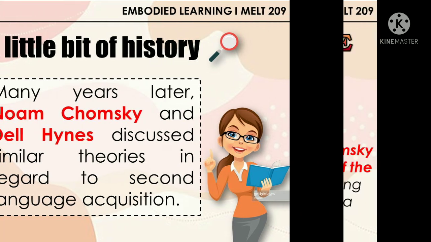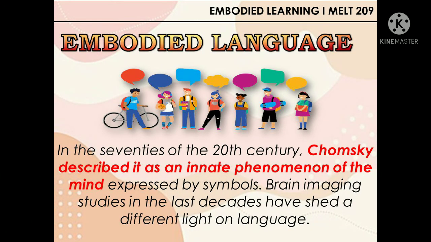Now let's talk about embodied language. One of the cognitive domains that has been most appealing to mentalistic theories is possibly language. In the 70s of the 20th century, Chomsky described it as an innate phenomenon of the mind expressed by symbols. Brain imaging studies in the last decades have shed a different light on language.